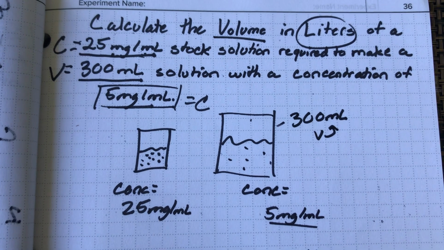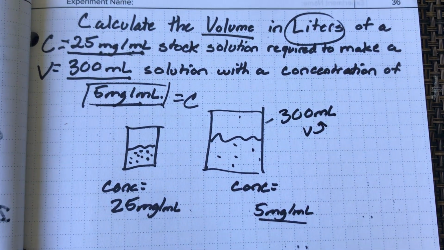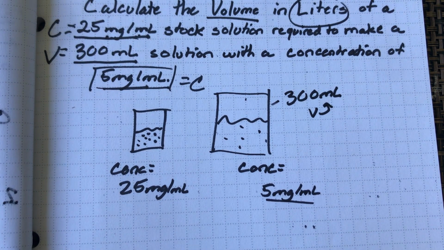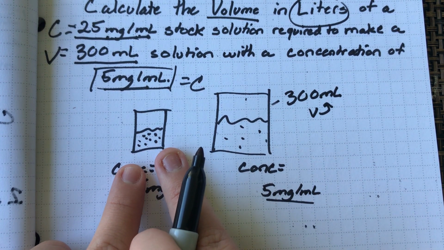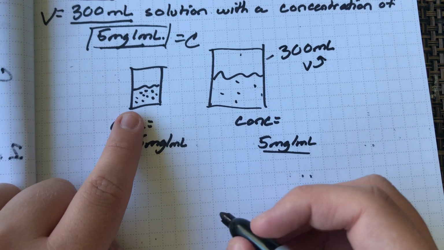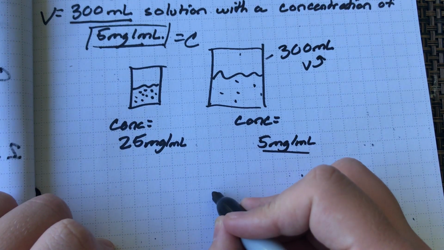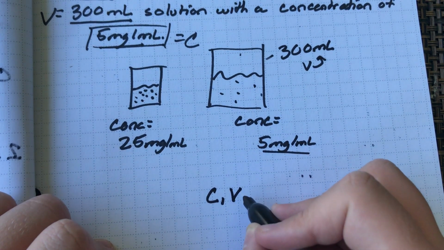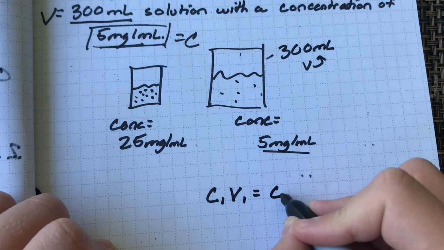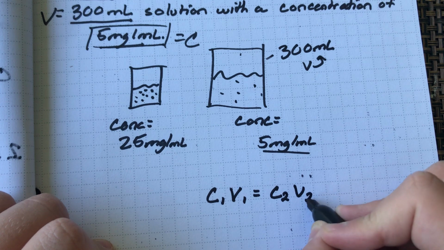Sounds good? Good. Now, the equation to find out how much volume was in this original solution is going to be this. So write this down. It's concentration 1 times volume 1 is equal to concentration 2 times volume 2.